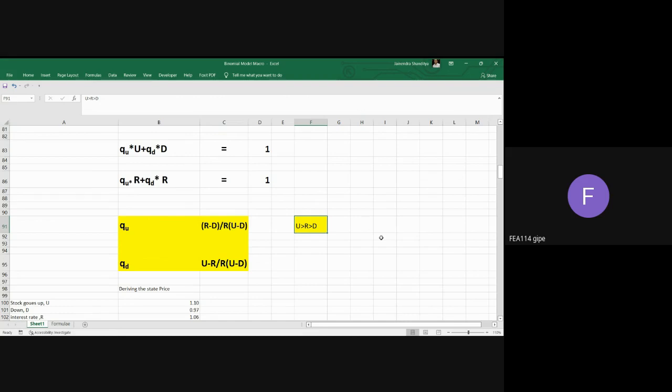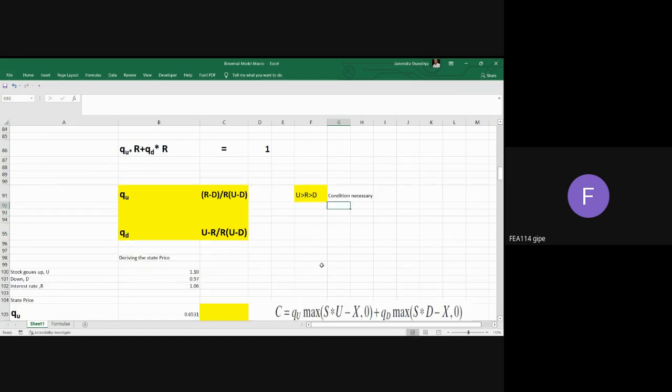Here, as you can see, the up is 10%, the interest rate is 6%, and the downside is 3%. So definitely, U is greater than R, and R is greater than D. This is a very important condition for the model to hold. If this condition is not there, you cannot model anything on the binomial option pricing model. So just remember this.